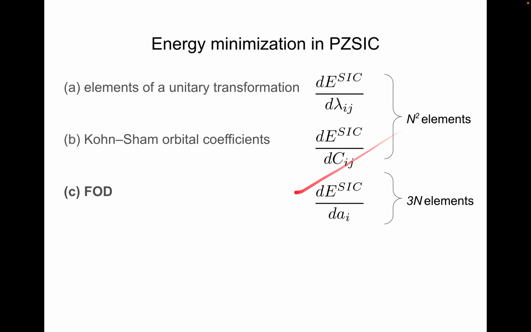For the FLOSIC approach, you are minimizing the energy with respect to the Fermi orbital descriptor positions. The FOD has the x, y, z, so 3 times the number of electrons. So you have only 3N elements in comparison to the N squared elements. So in principle, the FLOSIC method has a computational advantage over the traditional localization equation approach.